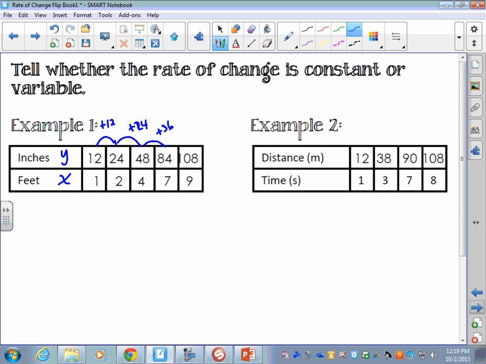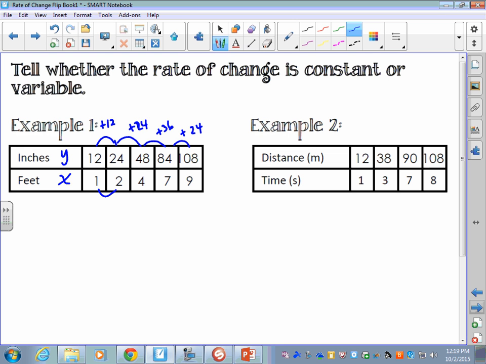Does that make sense? Then 84 to 108. Plus what? Isn't that 24? Yeah, 84 plus 24 is 108. It's not the same every time. You have to check the change.